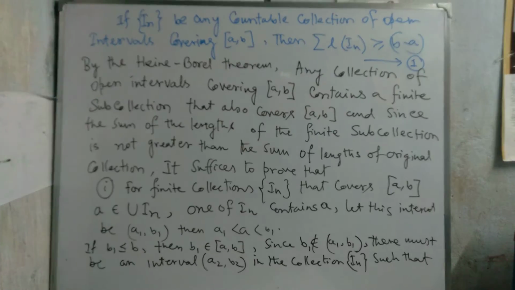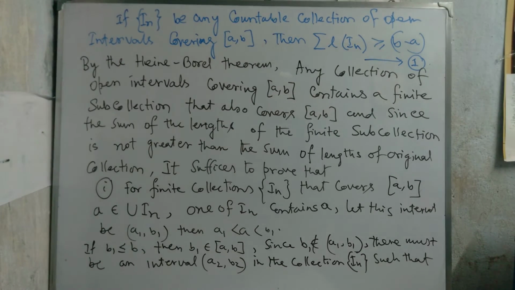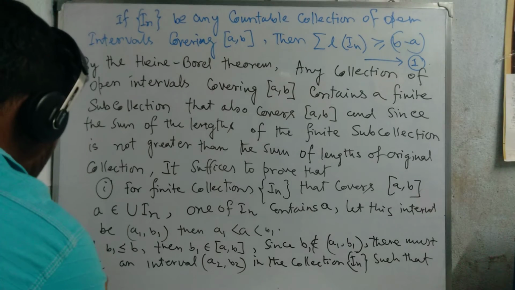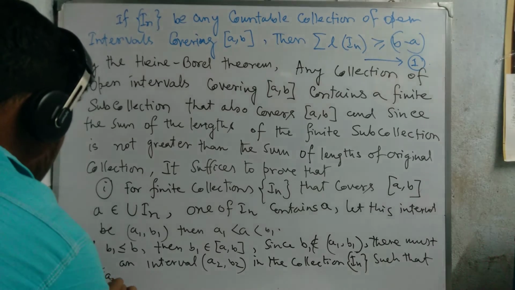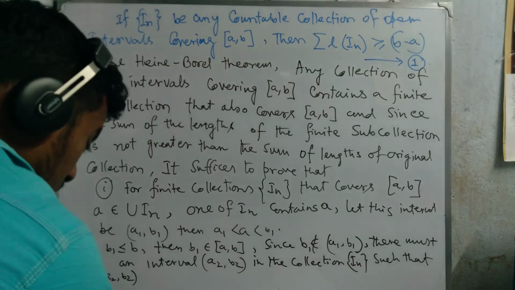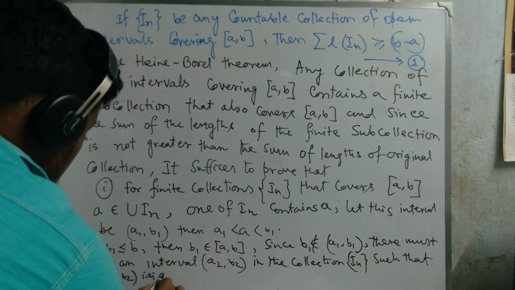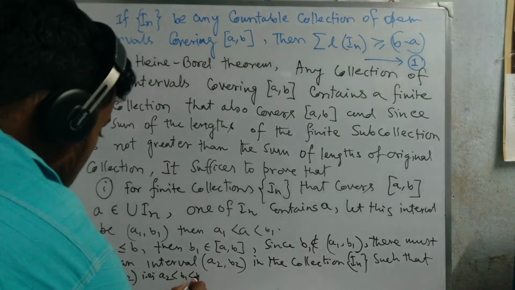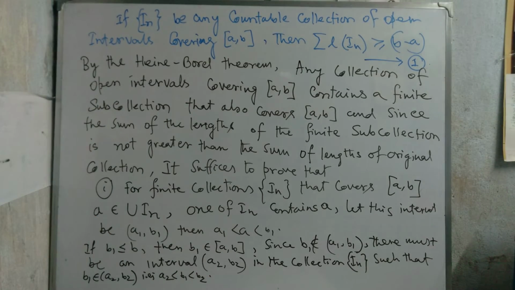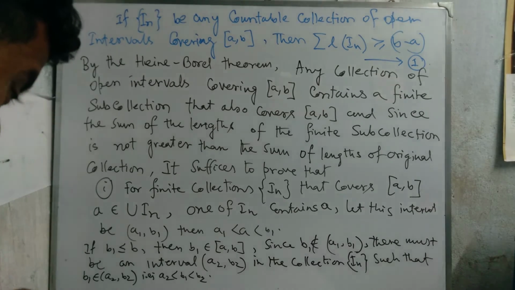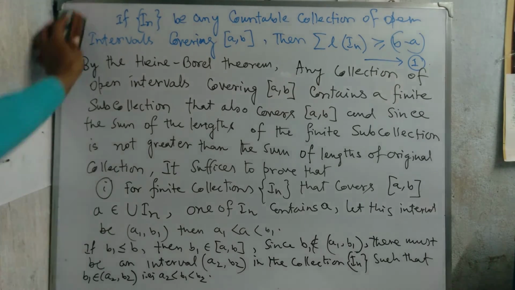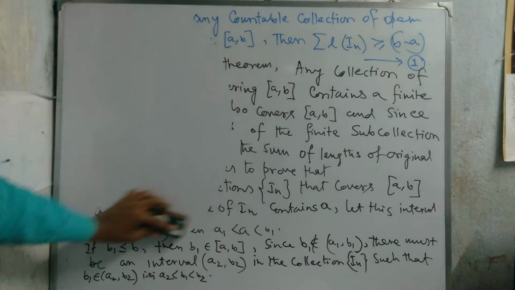such that B1 belongs to this A2 B2, that is A2 less than B1 less than B2. Then we erase that portion and continue in this way.